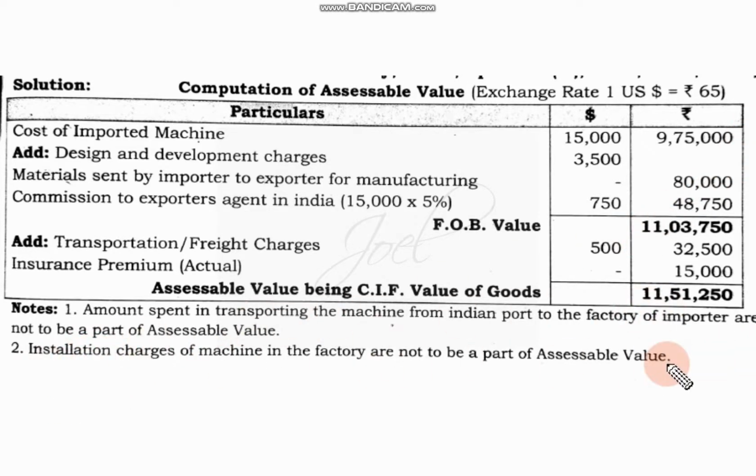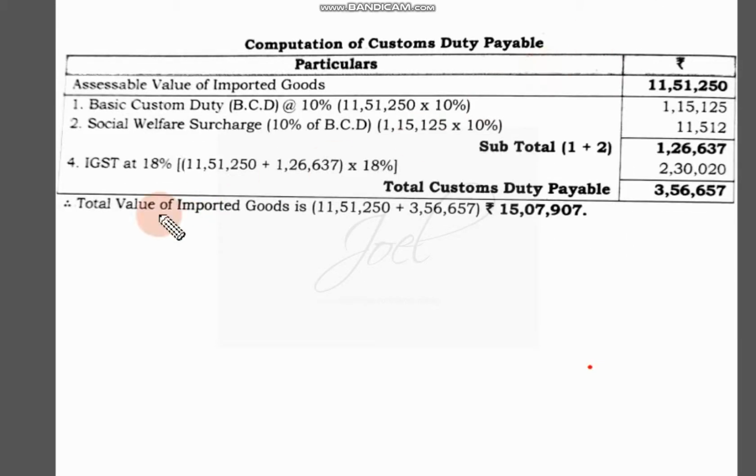Now these two things we have already discussed, so pause the video and write down the problem. This is about assessable value. Then customs duty also we are supposed to calculate. This is the method of calculation of customs duty. Normally we use two columns, but here since there are only two items, we need not work with two columns.